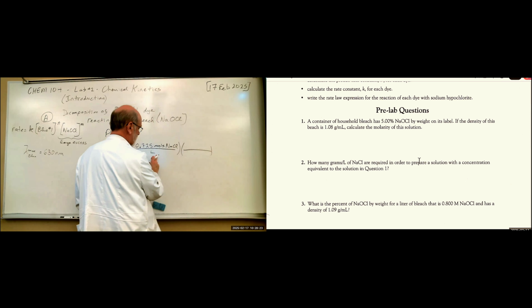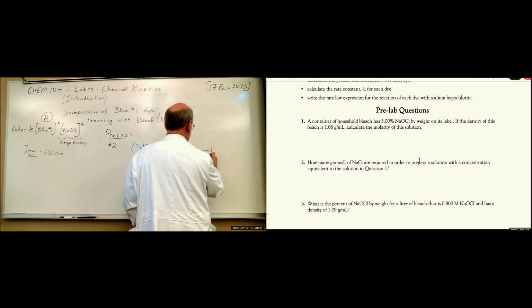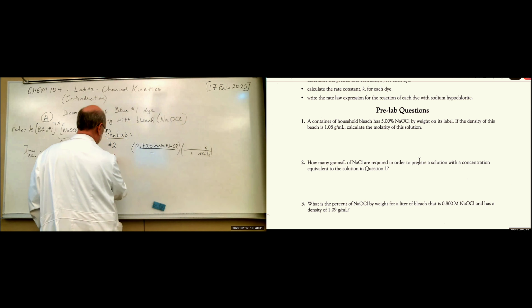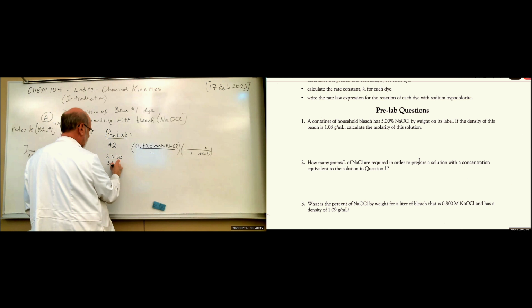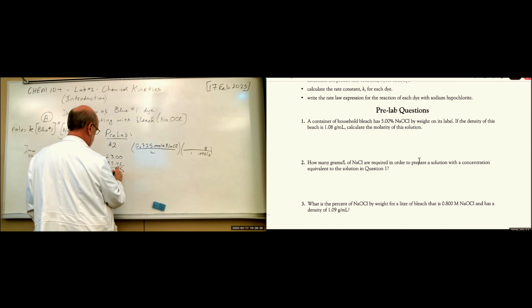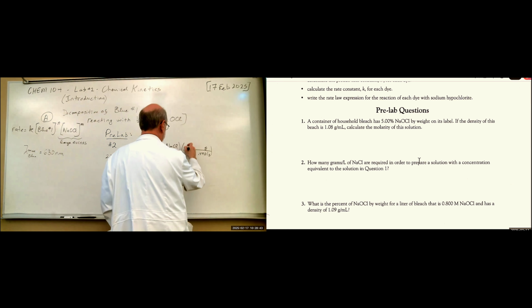We've already got the right volume. We just need to change moles to grams. Right? Sodium chloride would be 23 for sodium and 35.45 for chlorine, or 58.45.